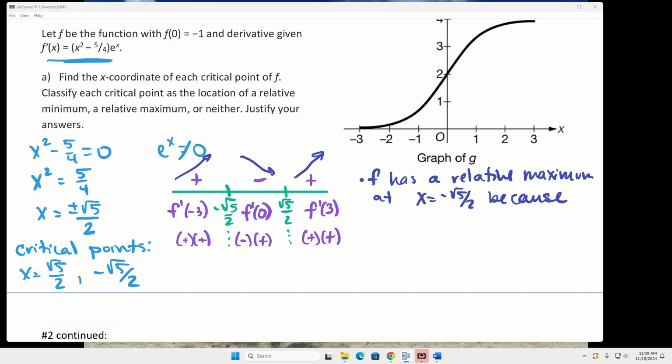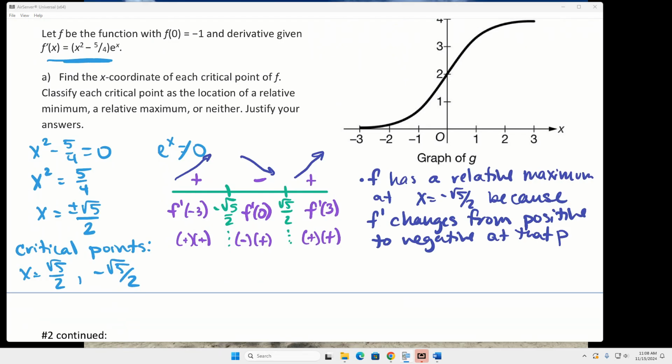Now your sign chart that we did here, it is good for work. It doesn't count as your justification. So we have to tell why this is true. And the reason why is because f prime changes from positive to negative at that point.